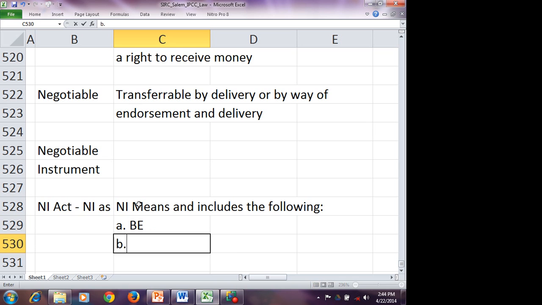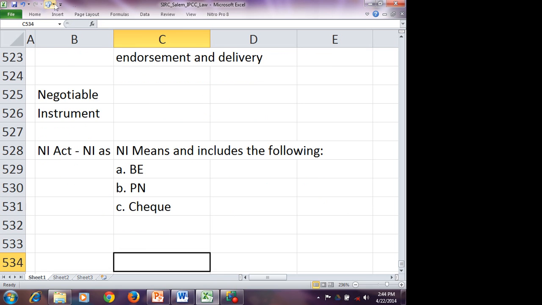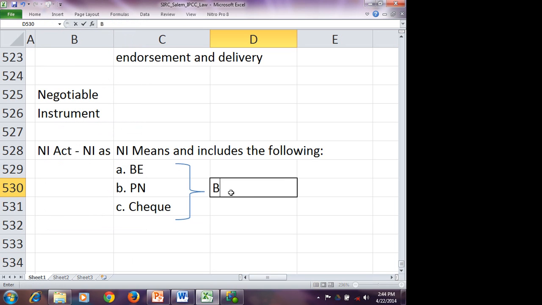Bills of exchange, promissory note, check, which are either payable to the bearer or payable to the order.